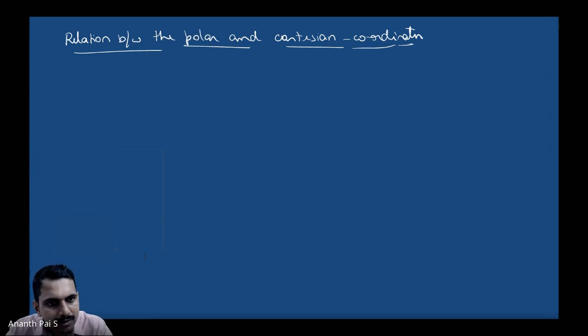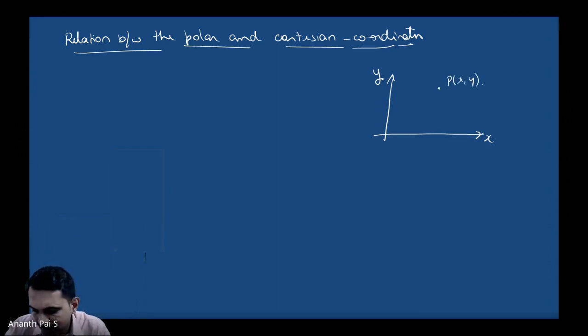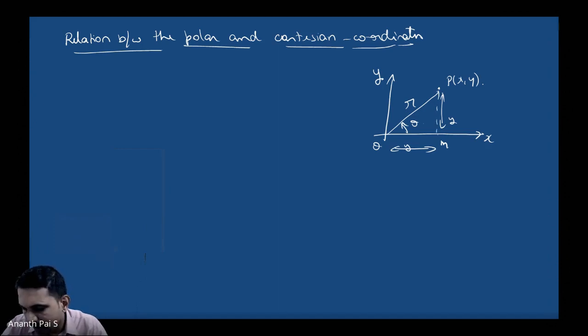So if I have this as x and this is y, and this is P of x comma y, and this is r. So this is y and this is x, and this is theta, is it not? Very simple. So if you consider OM, I will write this directly. I think it is easy.